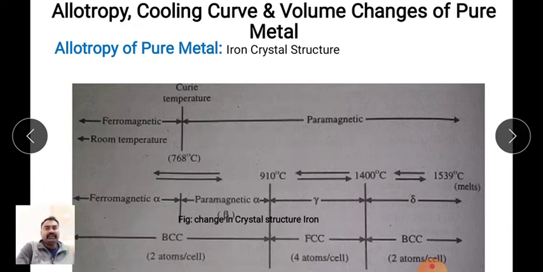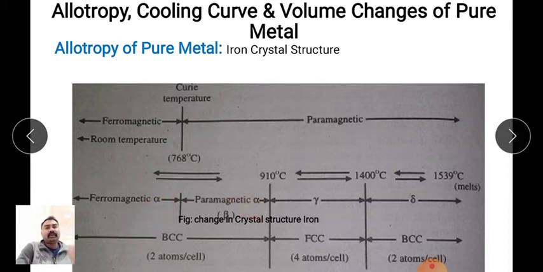Now we know that the alpha ferrite from room temperature to 910 degrees Celsius shows some different phases. First, the alpha ferrite from room temperature to 910 degrees Celsius shows the BCC structure, that is body centered cubic structure, which contains 2 atoms per unit cell, that we have already studied. Now two intermediate phases occur in case of alpha ferrite, that is ferromagnetic and paramagnetic.